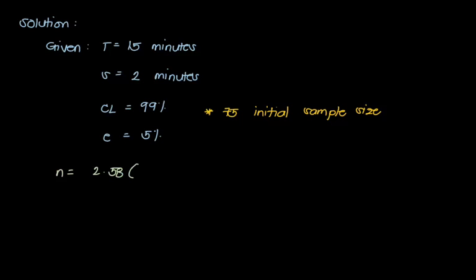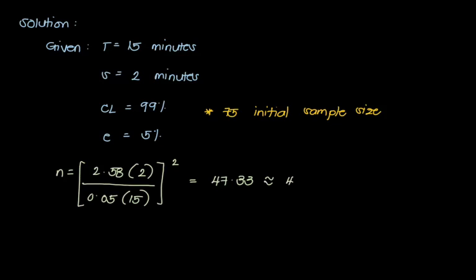So, our n is simply found by plugging in the formula. That's 2.58 times 2 over 0.05 times 15, quantity squared, and that should give us a value of 47.33 samples, or rounded up to 48 samples. Now, what does that number signify?